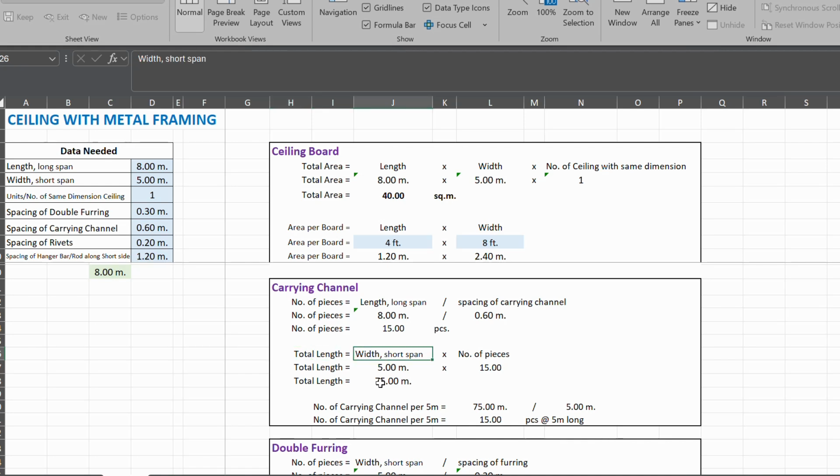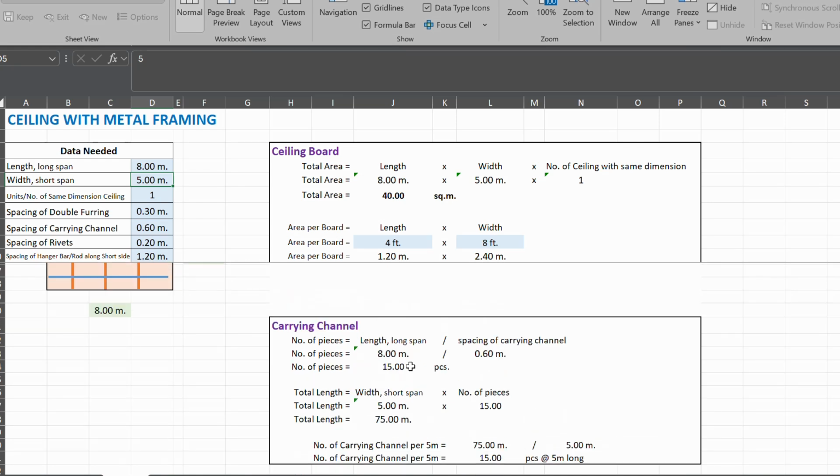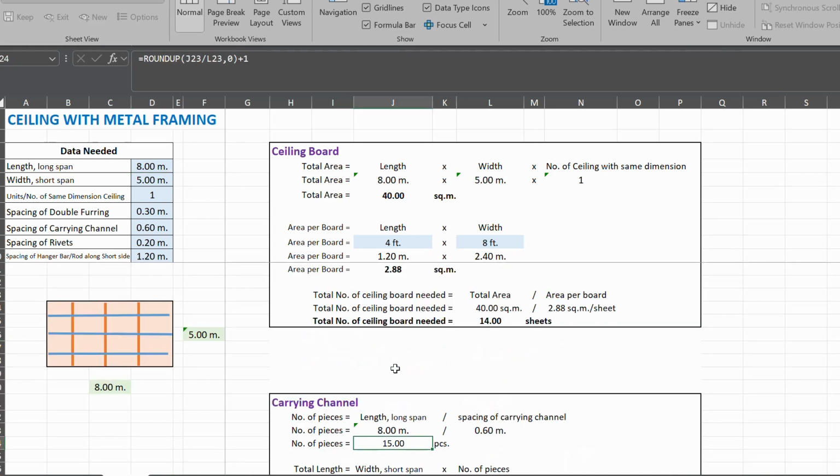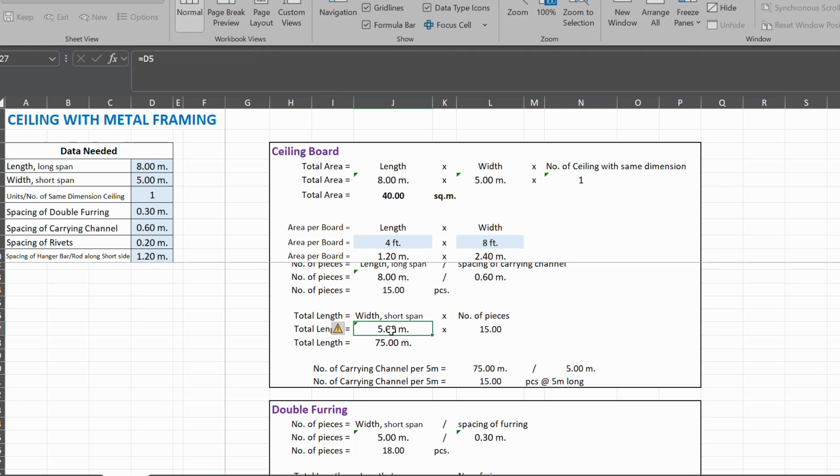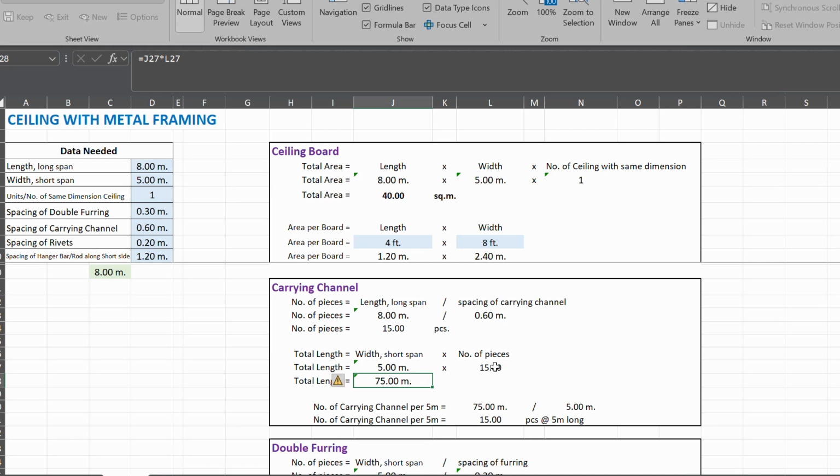So the total length is the width times the number of pieces. The width in the short span is 5. Here we are just counting how many carrying channels, 1, 2, something like that, and then we have to multiply it by the width to get how long it is. So the short span length is 5 meters times 15, so 75 meters in total, because it's a product of 5 times 15.